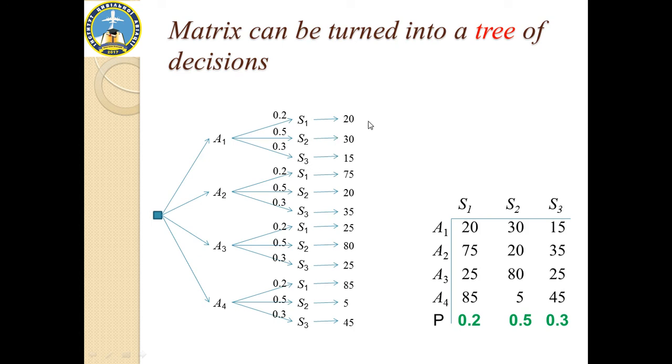The same happens with the second decision option. The payoffs at these branches correspond directly to the payoffs represented in the matrix. The probabilities of different states of nature we just put here for our information.